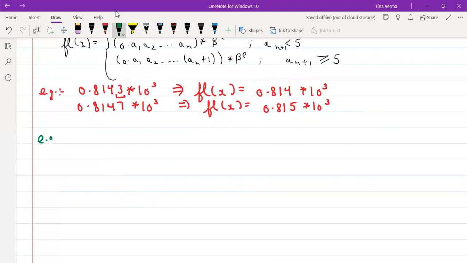Now you will tell me its solution. If a number is 139 and I only want 2 digits, what will be the rounding and what will be the chopping? If you have any number, this 139, and computer can store only 2 digits, not a 3-digit number. So what will be its rounding and chopping?